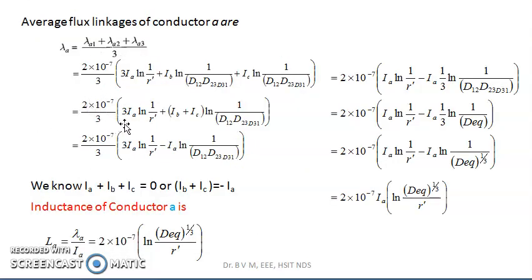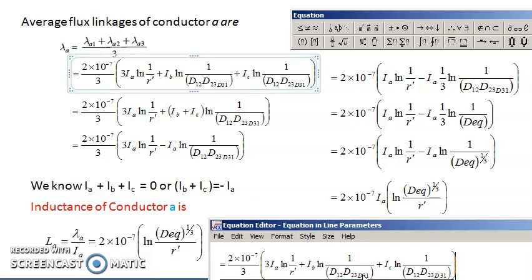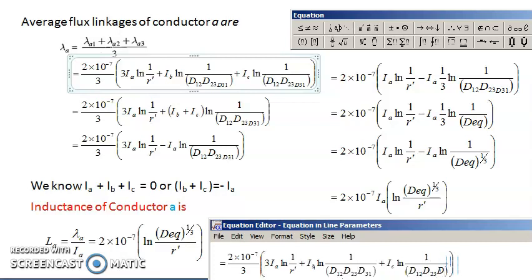The same thing has been written here: 2 into 10 raised to minus 7 divided by 3 [IA log 1 by R dash plus IB log 1 divided by D12 D23 D31 plus IC log 1 divided by D12 D23 D31].